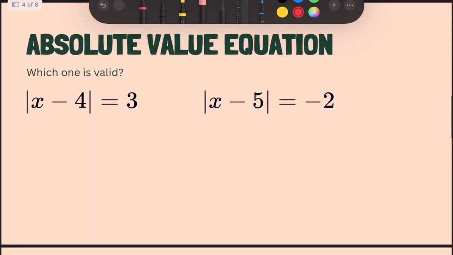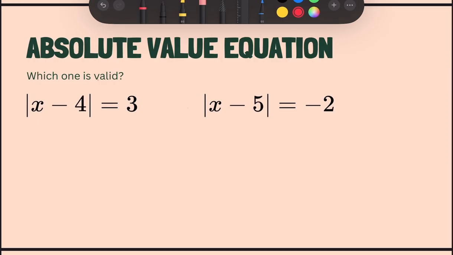Now let's take a look at these problems, where we have an actual equation inside of the absolute value. But we're going to follow the same steps that we did in the first problem. We create our two separate possibilities, where x minus 4 could equal positive 3, and x minus 4 could equal -3.